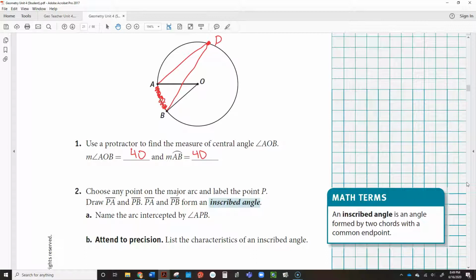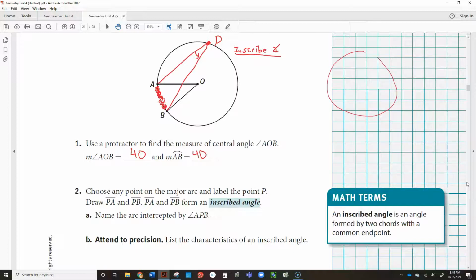It says draw, so when we did this, it says that this right here is called an inscribed angle. Now this is important. Inscribed angles, you got to know them. Now, central, because its vertex is at the center. Inscribed, because its vertex is on the circle.